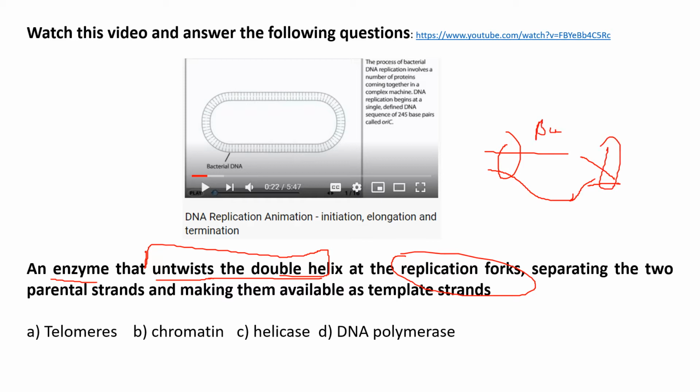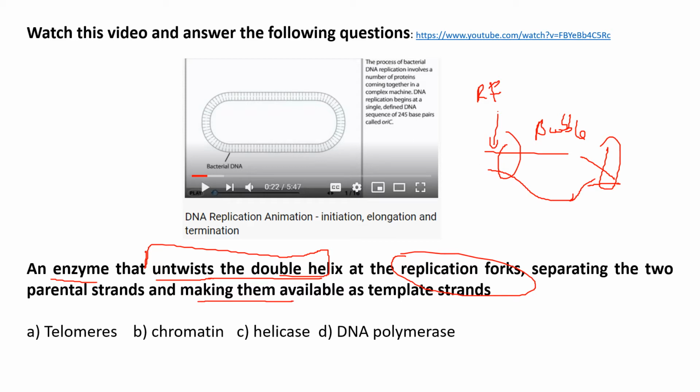This is the bubble of replication, and this is the replication fork. This enzyme is not only untwisting the double helix at the replication fork, but it's separating the two parental strands and making them available as a template.